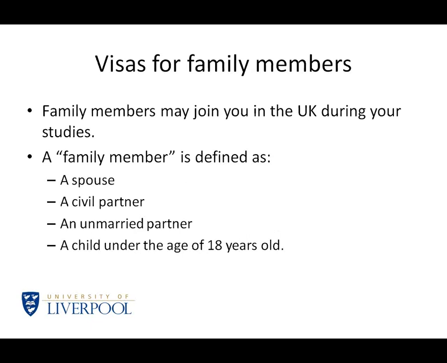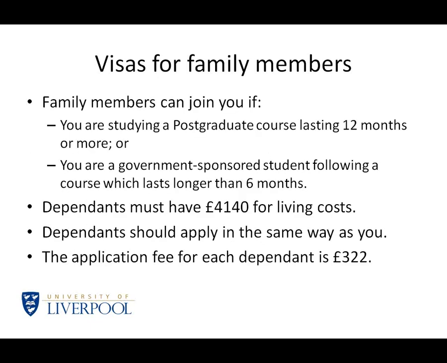Some of you may have family members who wish to join you in the UK during your studies. A family member defined by the Home Office is a spouse, so husband or wife, a civil partner, an unmarried partner, there are extra rules to that, or a child under the age of 18. Family members can join you if you're studying a postgraduate course lasting 12 months or more, or if you're a government-sponsored student following a course which lasts longer than 6 months.